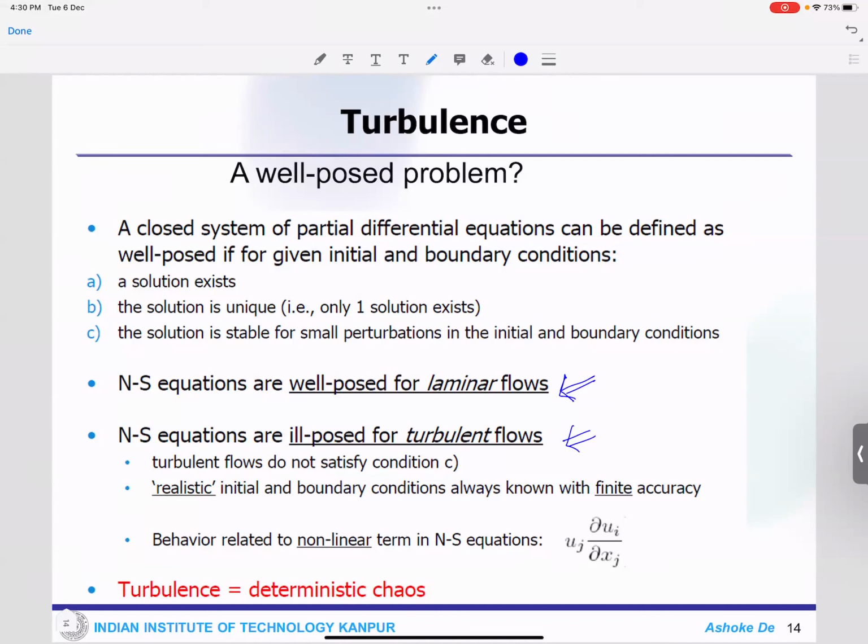Because turbulent flows do not satisfy this condition mentioned at C. So if I create some small perturbation there, then the flow is going to be more perturbed. So in a nutshell, one can say that turbulence is nothing but a deterministic chaos. And one can correlate this behavior with the nonlinear term which is sitting in the Navier-Stokes equation.